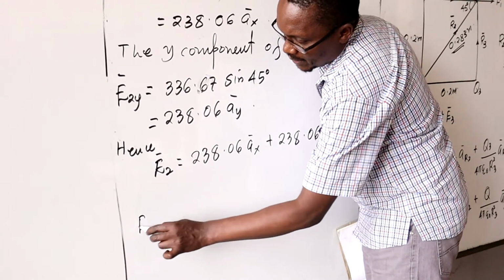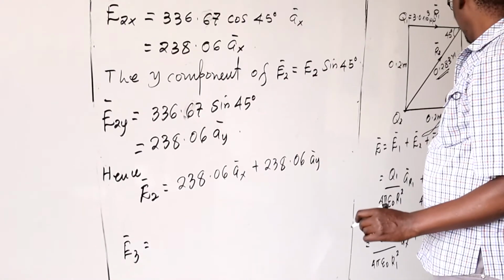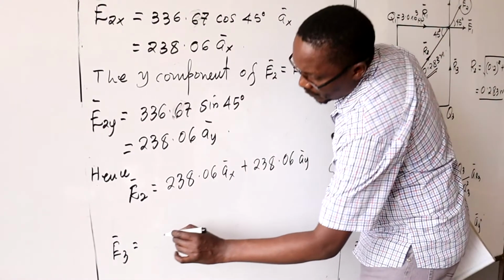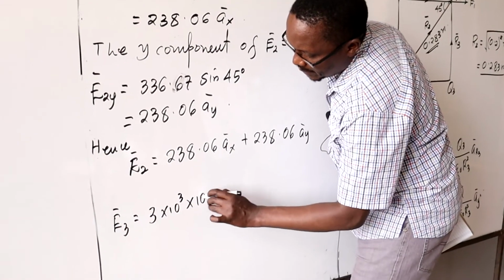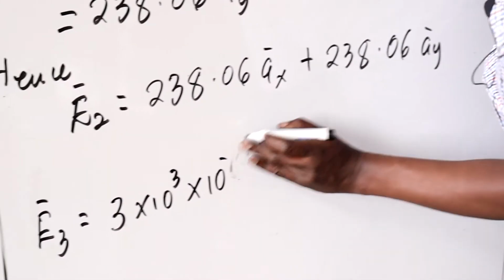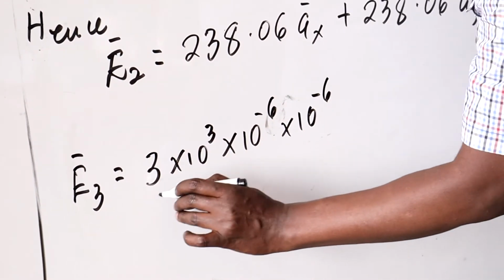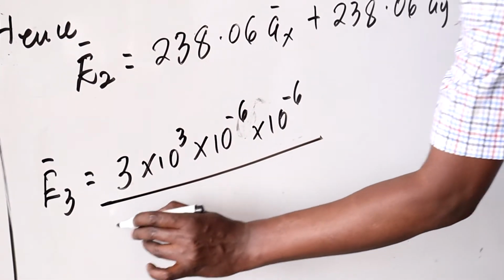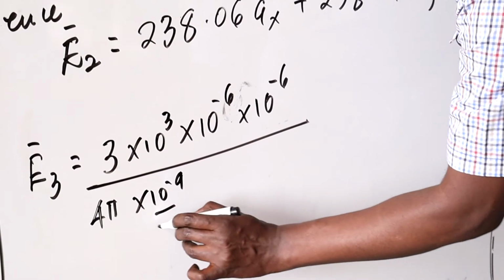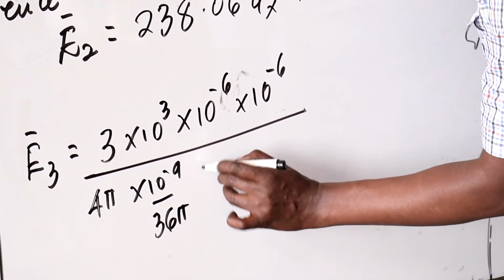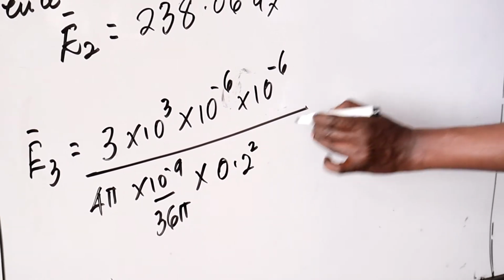So we can say that our E3 bar will be the same as Q, which was 3 times 10 to the power negative 6 times 10 to the power negative 6, that is our Q, all over 4 pi epsilon, 10 to the power negative 9 over 36 pi, times the distance, and the distance is 0.2 squared.